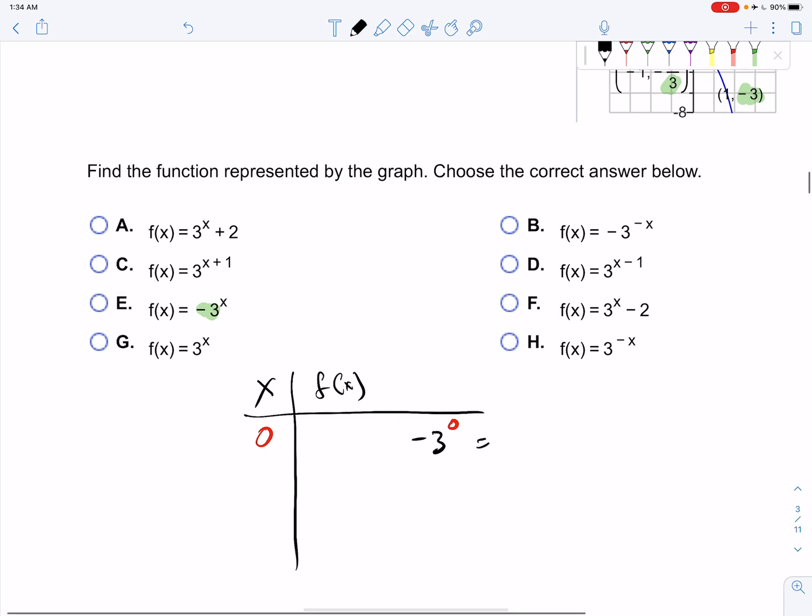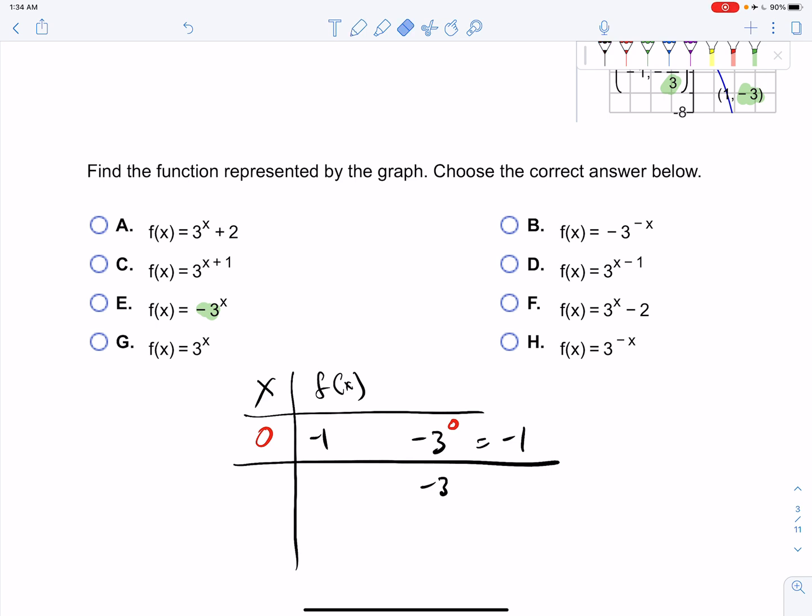So this actually is going to be negative 1. And then let's take negative 3. Once again, the negative is not in parentheses, so the negative is not being raised to a power. Let's try another number, like how about 1? And 3 to the first power is 3, and then negate it, so we get a negative 3.